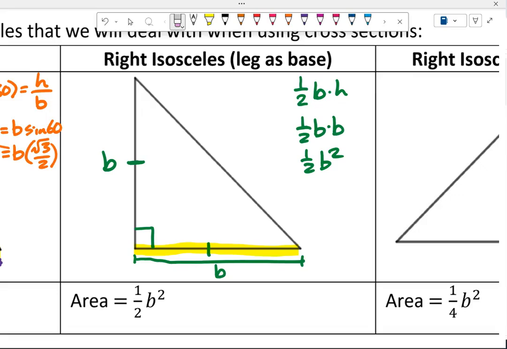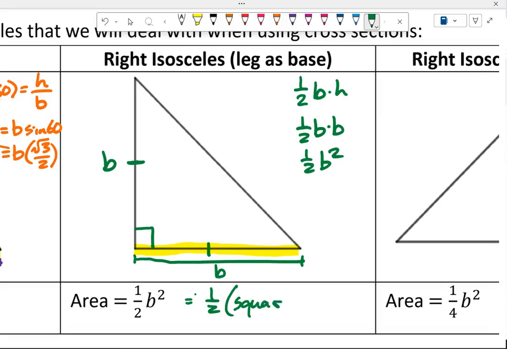So another way of thinking about this is that this is half of a square, which actually we can visualize. I can bring out to here, and I can connect these, and that would make a square. And that triangle's half of it. Half of my square, b squared. Sounds easy.